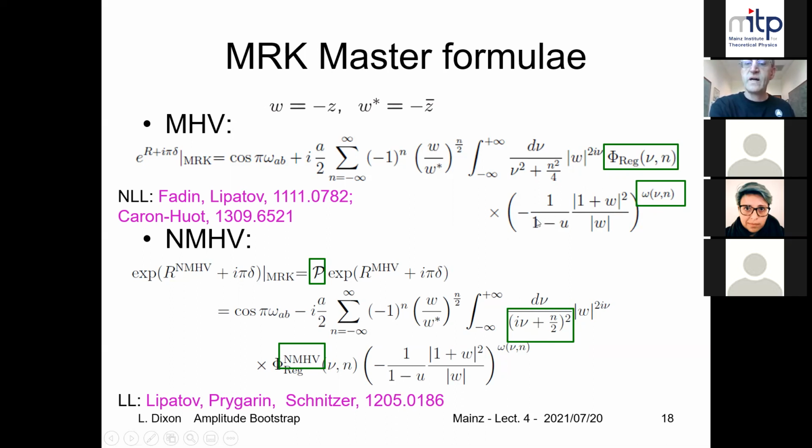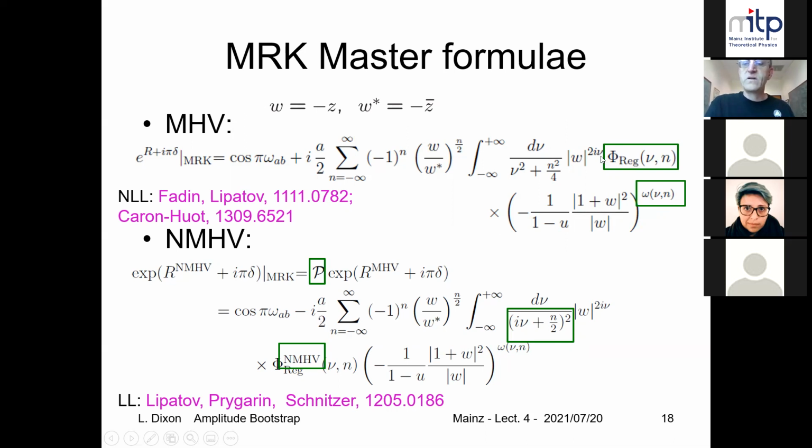So if you rewrite this as the exponential of omega times this logarithm, you'll see there's a large logarithm as u goes to 1. And this is just a shift of variables between two different conventions. So this is sort of the BFKL ladder description and summing up a large set of Reggeized gluons. And then those gluons interact with something at the top or the bottom of the ladder.